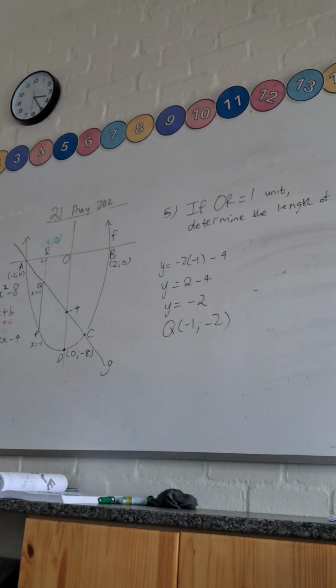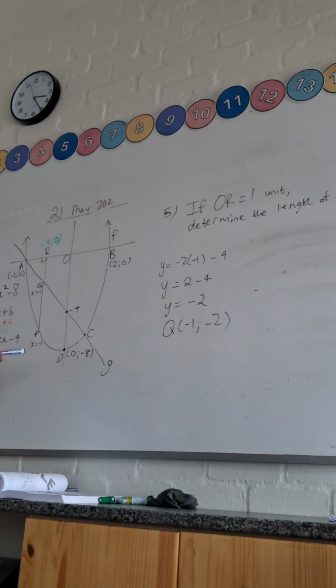Now we found the coordinates of Q. So the y value of Q is -2, and the full coordinates of Q are -1, -2.